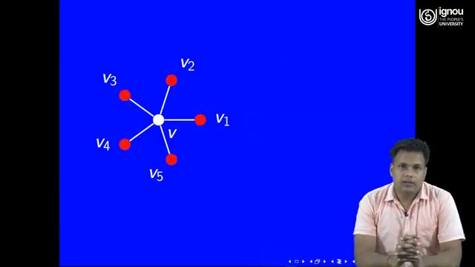For example, in this graph you can see that vertex v is adjacent to all the vertices which are colored red, that is the vertices v1, v2, v3, v4, v5. So all these vertices form a neighborhood of v. However, you can see that each of these vertices has exactly one neighbor, namely v.